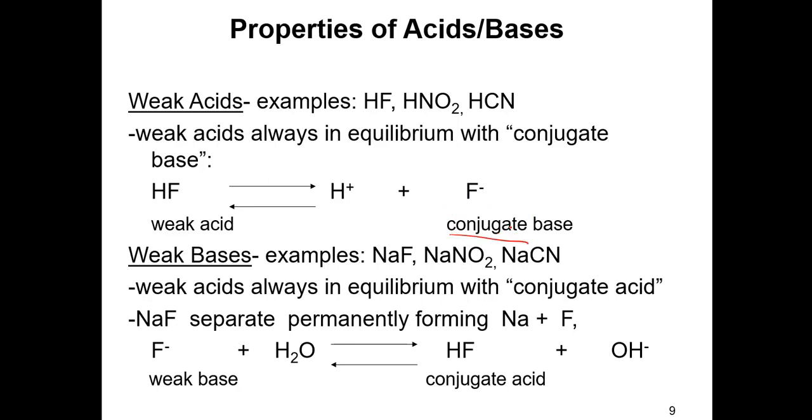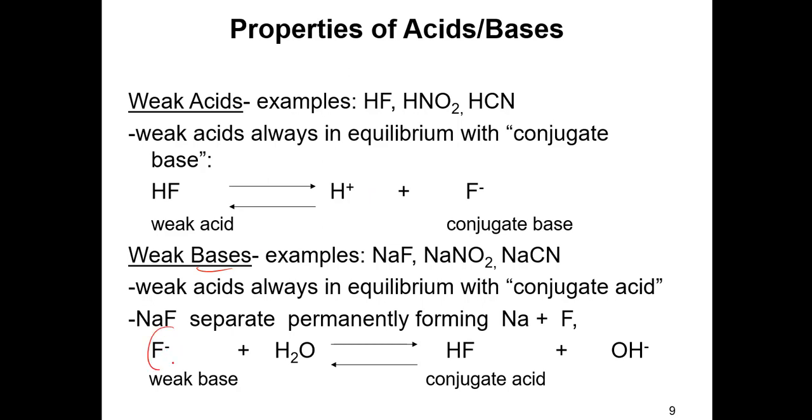Now, as soon as it gives off the hydrogen, it can change its mind, and it can actually pick up the hydrogen once again. And we saw that in the videos. If it does that, we call it a conjugate base. So here's our starting acid, donates the hydrogen, and there is the conjugate base, and it picks it up. So you'll notice we have arrows going both ways. So we call this an equilibrium reaction.